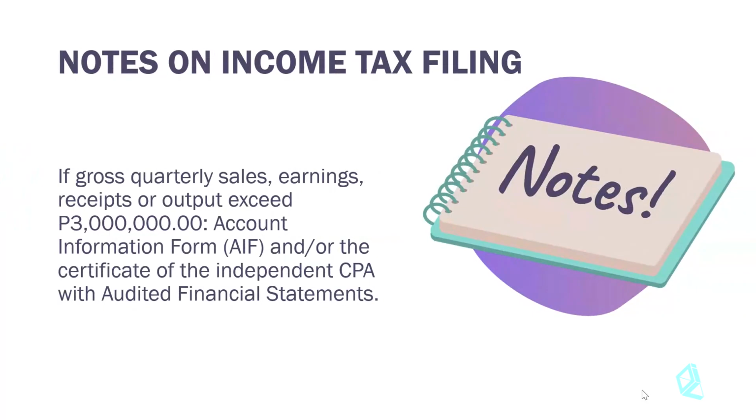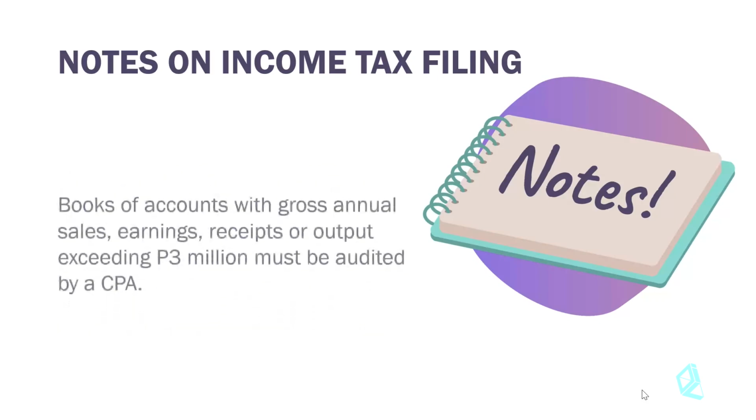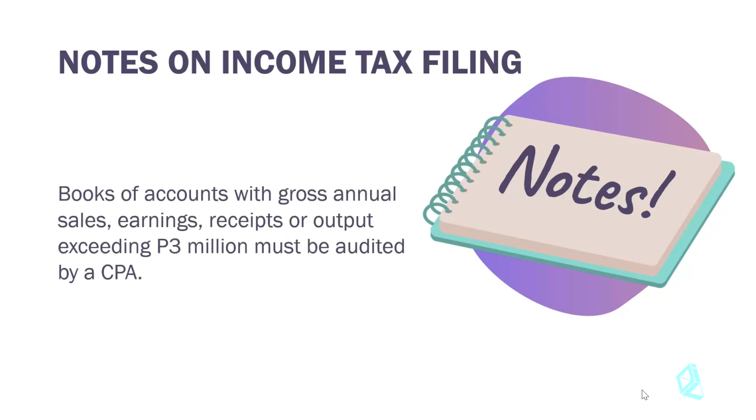Now, additional note, if your gross quarterly sales, earnings, receipts, or output exceeded 3 million pesos, you need to file an account information form and/or the certificate of the independent CPA with audited financial statements. And if your books of accounts with gross annual sales, earnings, receipts, or output exceed 3 million per year, they must be audited by a CPA, a certified public accountant.